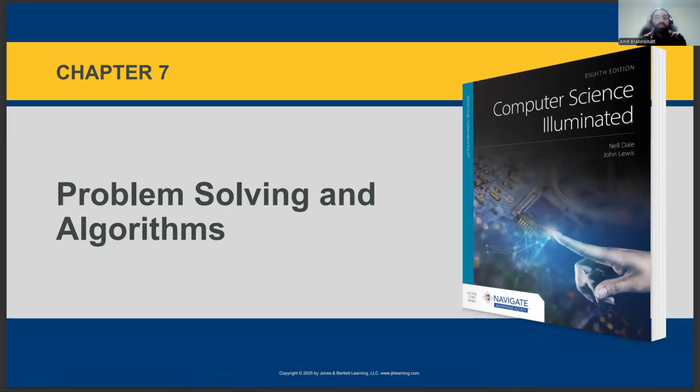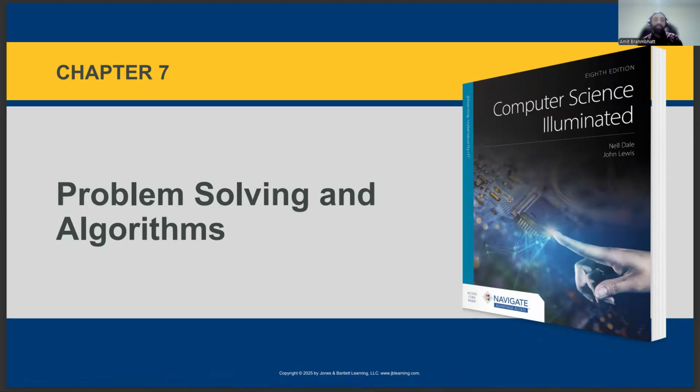This chapter introduces the foundational ideas behind problem solving and the role that algorithms play in computing. Problem solving is at the heart of computer science because every program begins as a problem that needs a structured, logical solution.